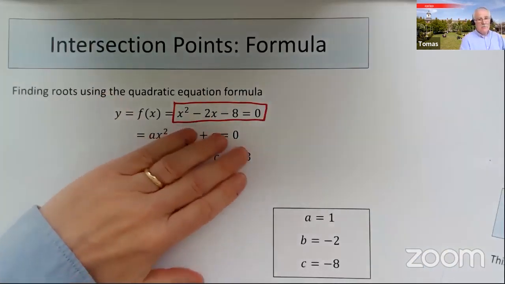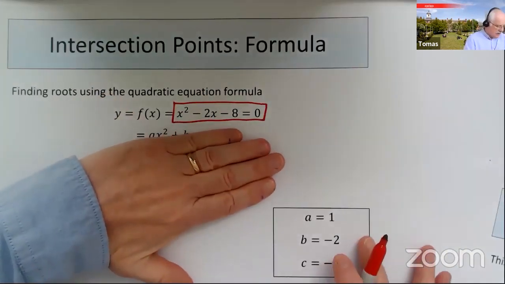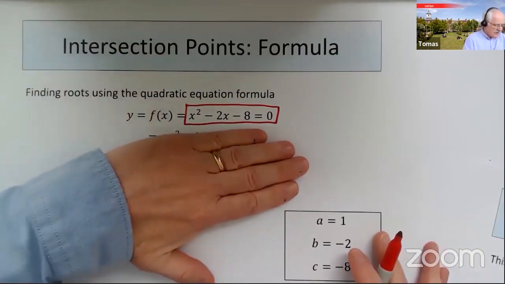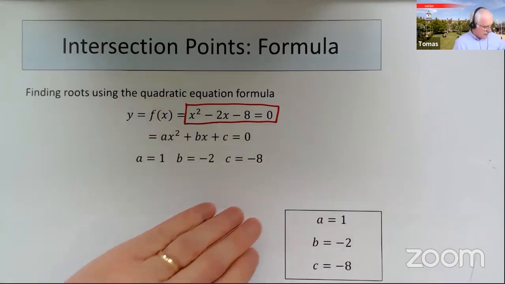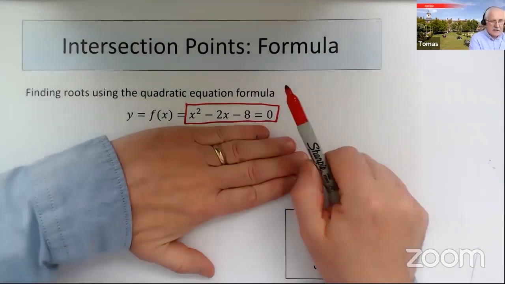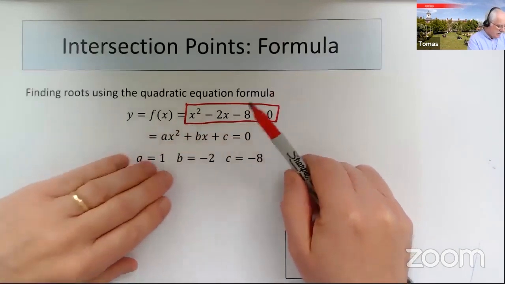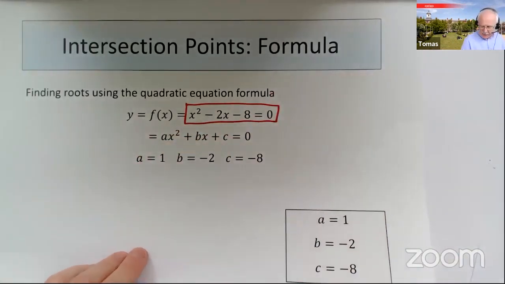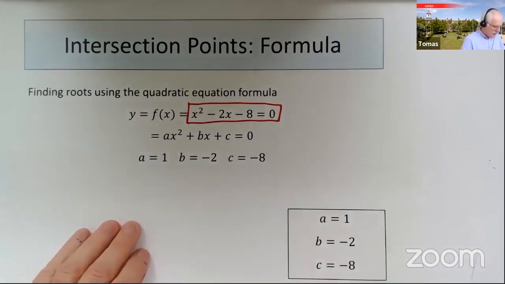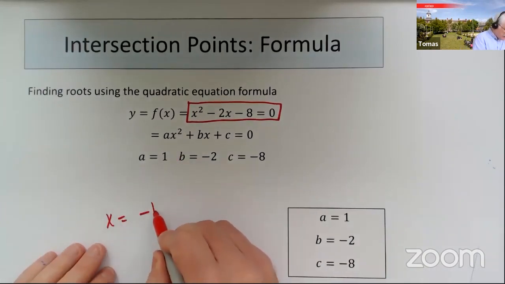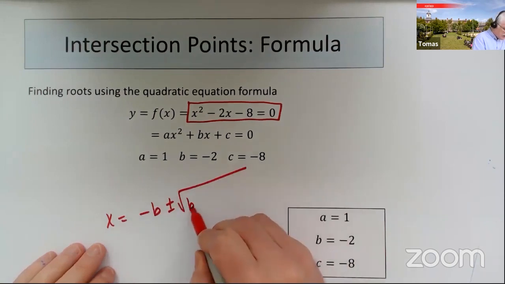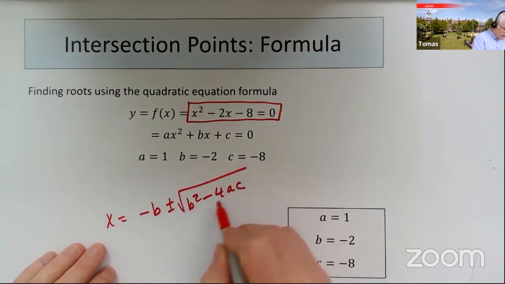Now, luckily, in the junior certificate, you had this great technique that unlocked these quadratic equations. So basically, it was the minus b plus or minus equation. So let's see if we can do this. It was x equals minus b plus or minus the square root of b squared minus 4ac, over 2a.